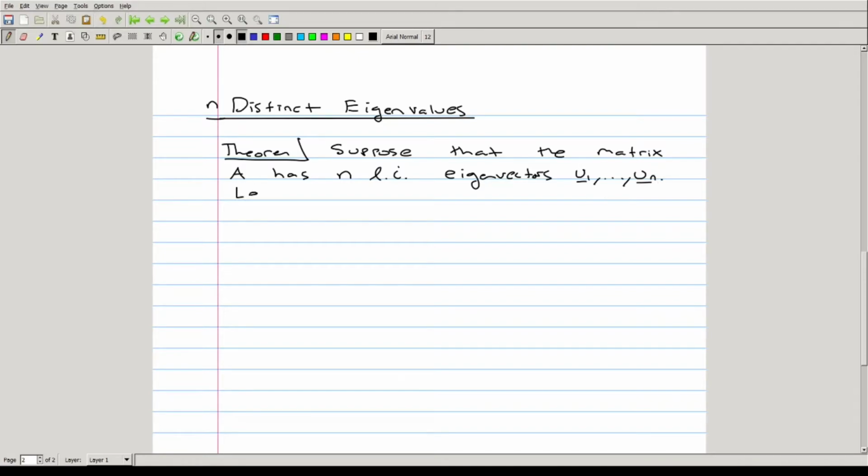And let lambda i be the eigenvalue corresponding with eigenvector ui.